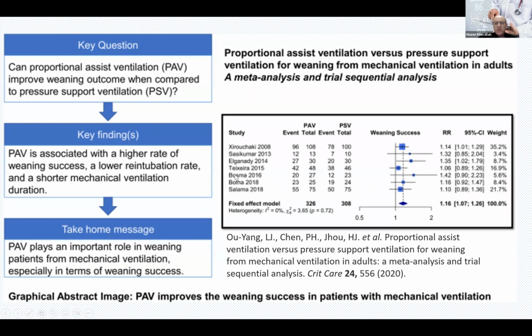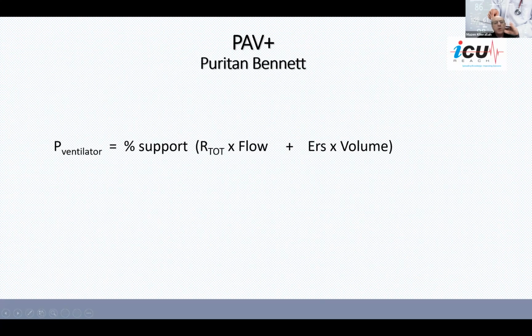And let me see, I think, yeah, I'm going to talk a bit about predetermined Bennett, which is different. So it's the same formula that you need to have in mind. Again, on the left side, this is the equation of motion. On the left side, we have the ventilator pressure that should equal resistance multiplied by flow plus elastance multiplied by volume.